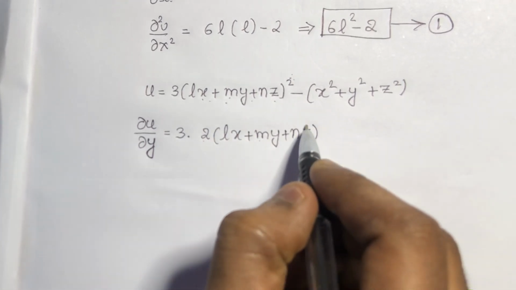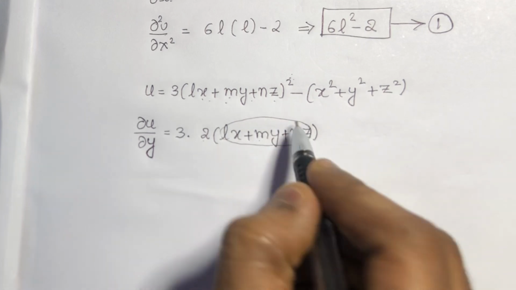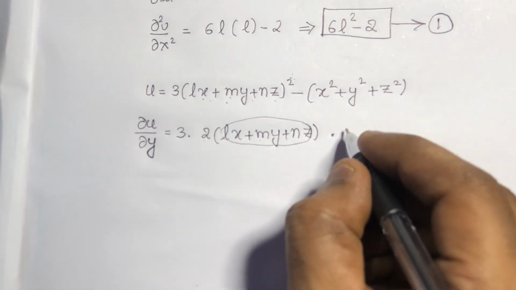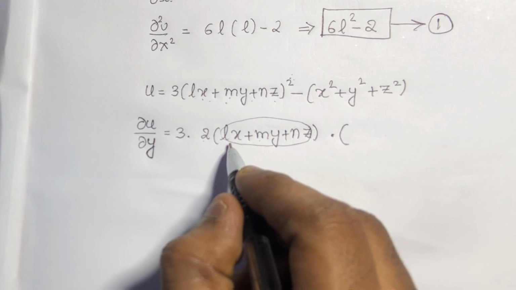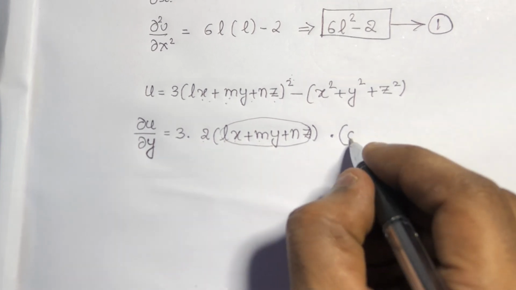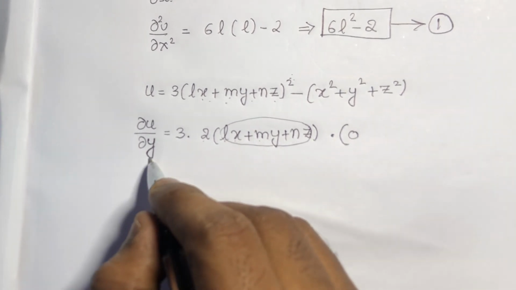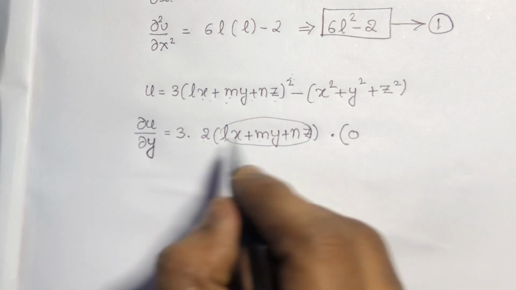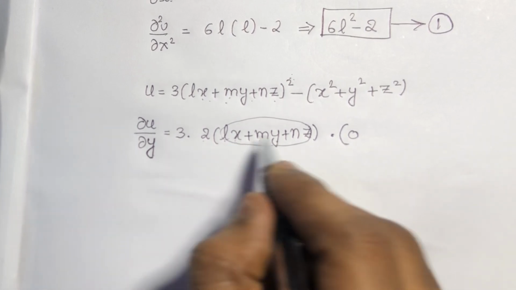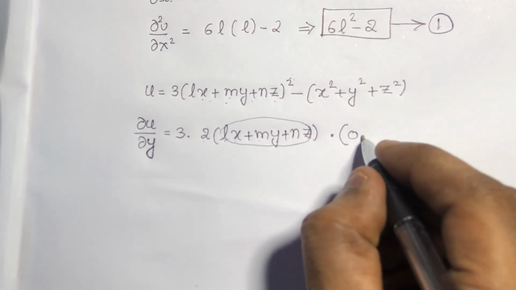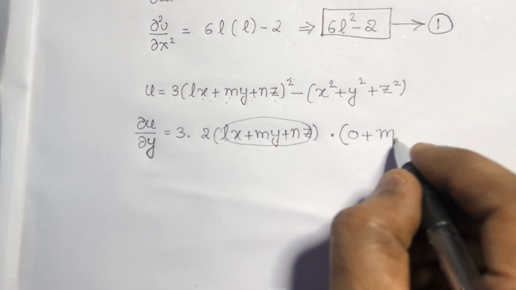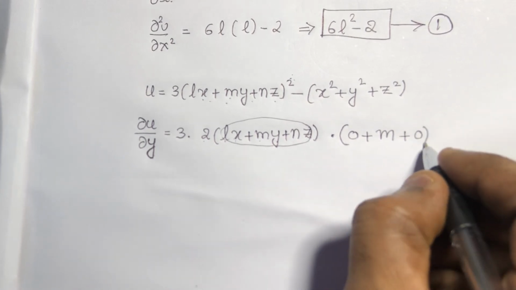In the place of x, this total part is there. Immediately differentiate with respect to y. If I differentiate with respect to y, Lx will become 0, because when you are doing partial differentiation, only the y function will be differentiable, others are constants, plus My will be m, Nz will be 0. So this part is done.